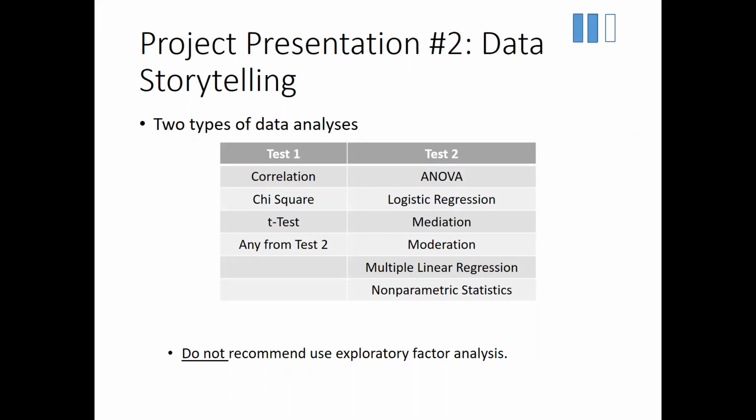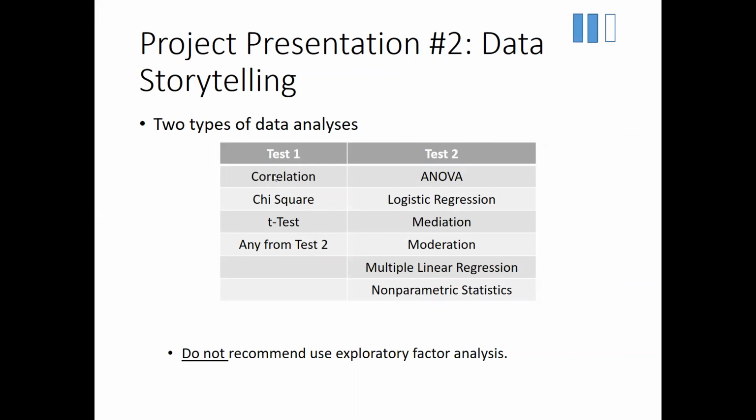So you're going to do 2 different types of tests on data of your choosing through a data storytelling presentation. For test 1, you can go as simple as a correlation, a chi-square, or a t-test, or any test from test 2. So you can do an ANOVA and a logistic regression if you want to. I'm not preventing you from doing any of these 2 tests.